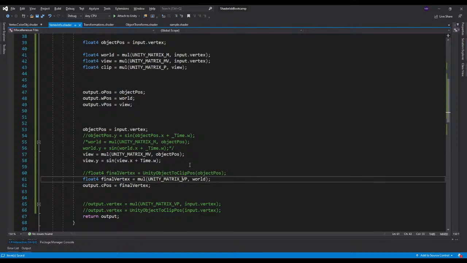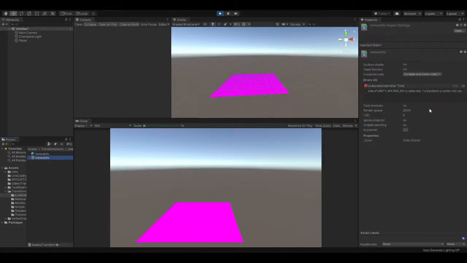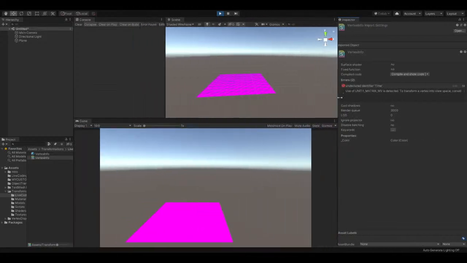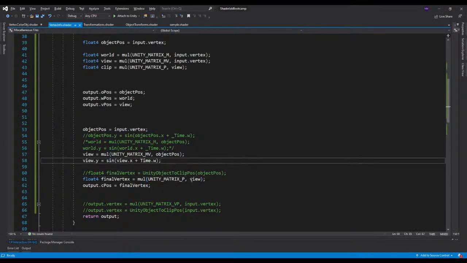So just project it, right? We just need a projection for the view, correct? And bang, we got an error. Okay, what is the error? Use of UnityMV is detected to transform a vertex into... better performance. Let's see where we went wrong.